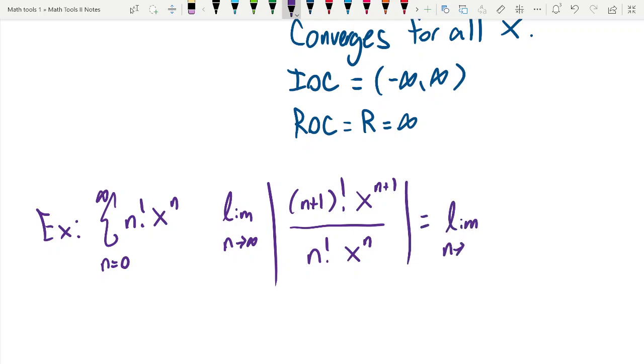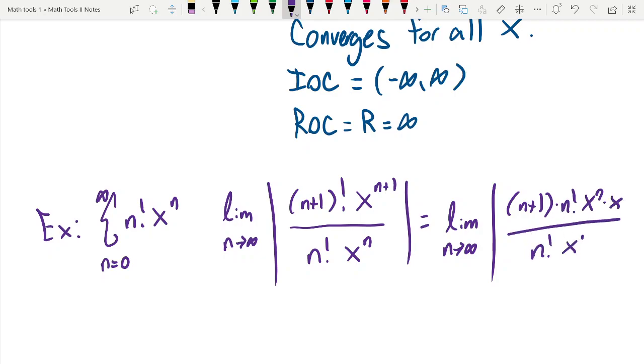Okay, so we do our rewriting here, n plus 1 times n factorial x to the n times x. And then that'll make everything cancel here. Again, we can pull this x out. So I'll just do it in the same step here. So we have x, limit as n goes to infinity of just n plus 1.